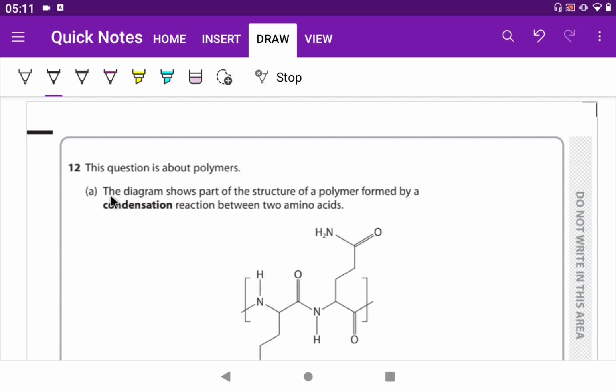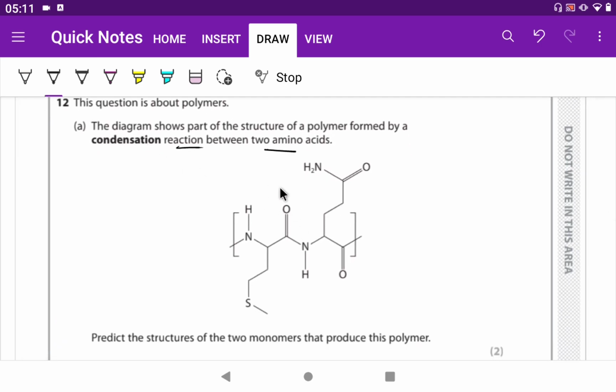This question is about polymers. The diagram shows part of the structure of a polymer formed by a condensation reaction between two amino acids. So this bond is formed when a water molecule is released, from here, nitrogen and nitrogen.